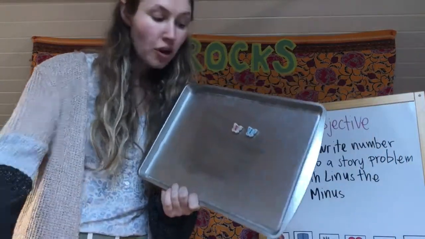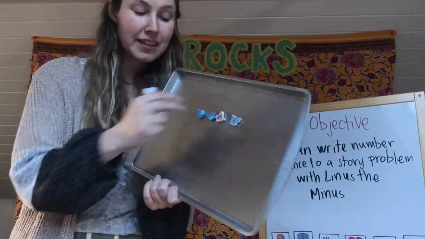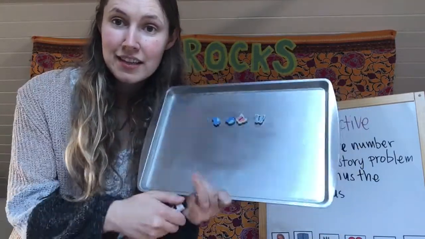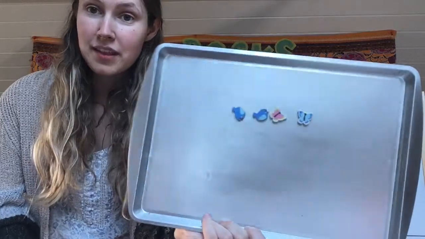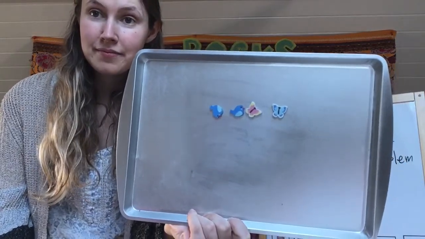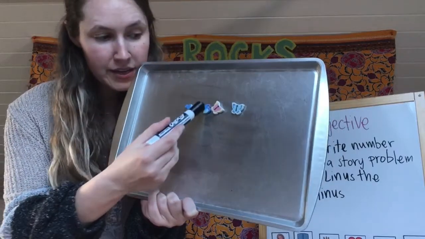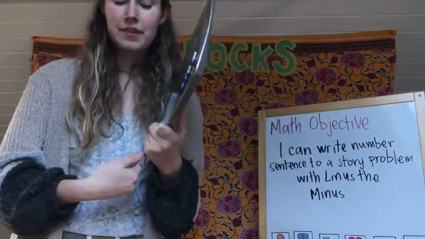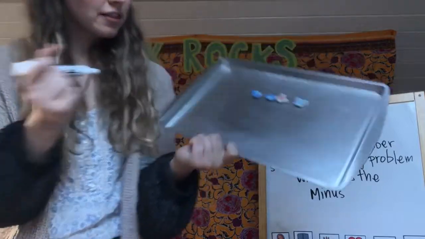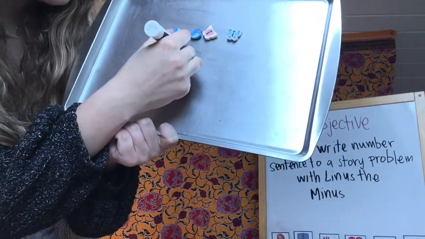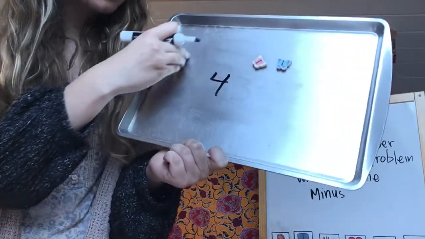So how would we show that in a number sentence using Linus the Minus? How many things did we start with in the tree? We started with 2 birds and 2 butterflies, so let's count them. 1, 2, 3, 4. So we started with 4. And then the 2 birds left.